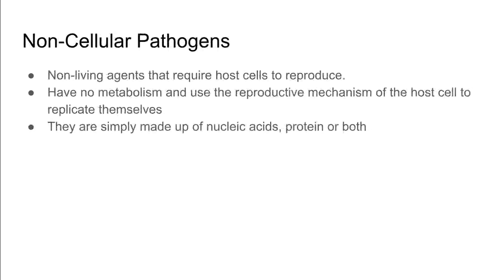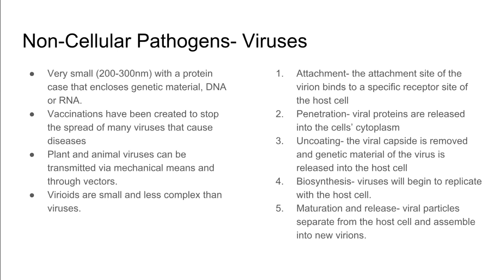We then also have a group of pathogens which are non-cellular, and these are non-living agents that require host cells to reproduce. They don't have any metabolism, and they use the reproductive mechanism of the host cell to replicate themselves. These are made simply of nucleic acids, proteins, or both.